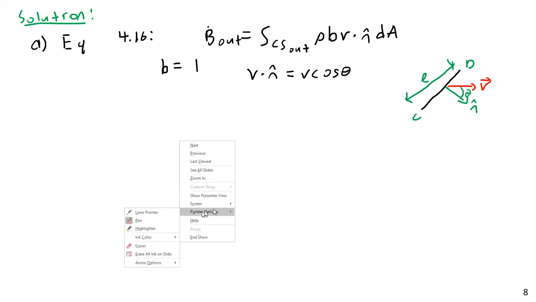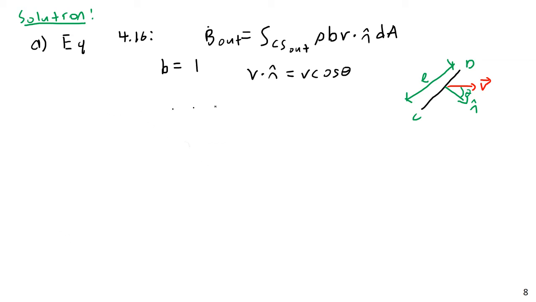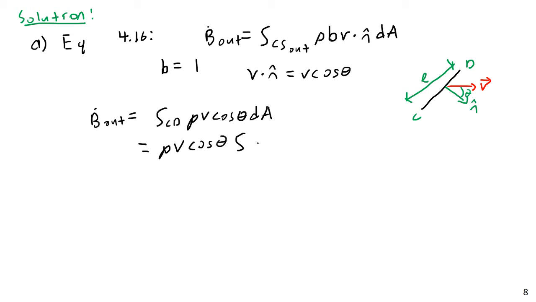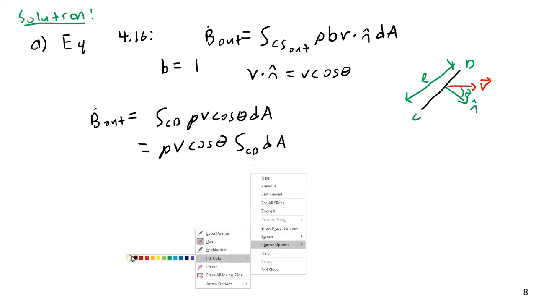Okay, so combining this together, I get that B dot out is equal to the surface integral of rho v cosine theta dA. However, most of these terms are going to be constant, so I have rho v cosine theta times the surface integral of dA.